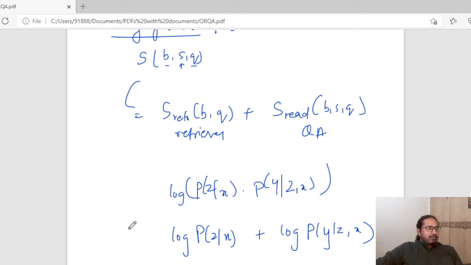So this is the same thing here. This represents the log of the probabilities that we get from the retriever, and this represents the log of the probabilities for the answer that we get from the QA model.